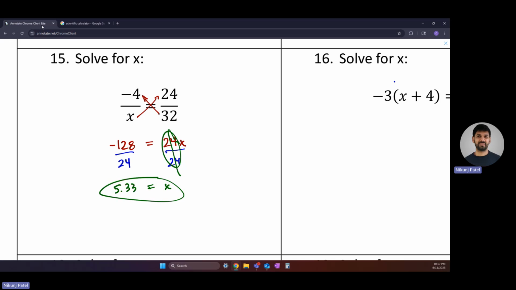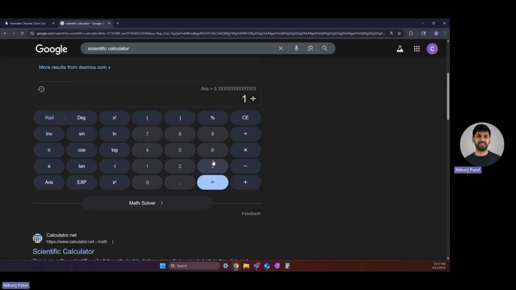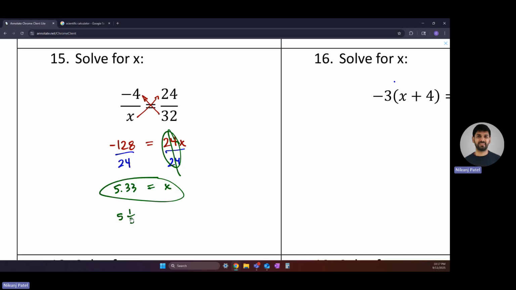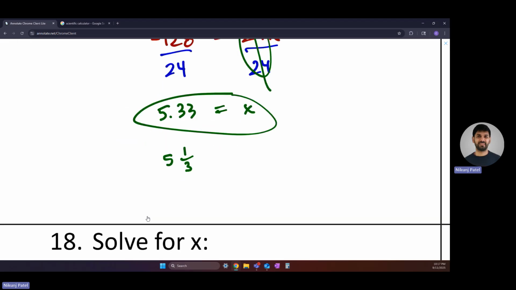You may see a mixed number, like 5 and 1/3 instead, right? 0.33 is the same thing as 1/3. And if you're not sure and you see this as an answer choice, well, you can just do 1/3 in your calculator, right? And you see that 0.33, and you know there's already a 5 in front, so it's 5 1/3. You might see it as an improper fraction, right?